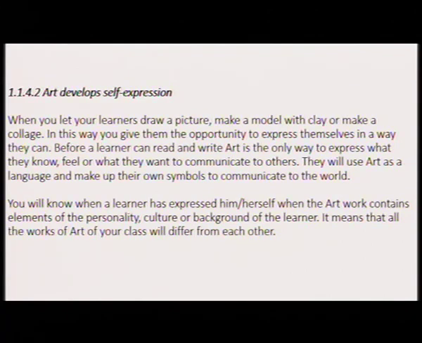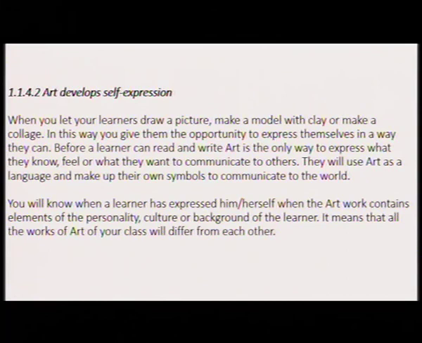You will know that a learner has expressed him or herself when the art contains elements of personality, culture, or background of the learner, because there's one unique thing: the relationship between art and culture. These things grow from the same root.